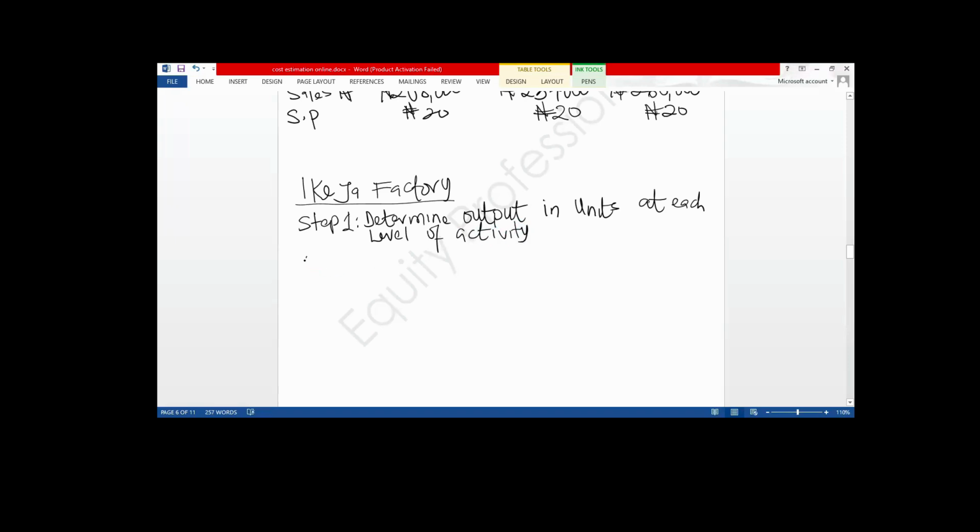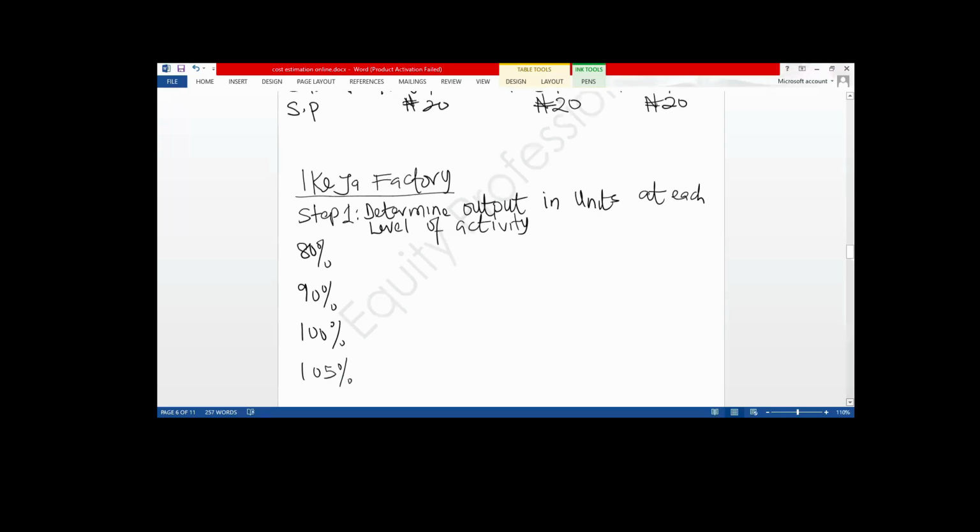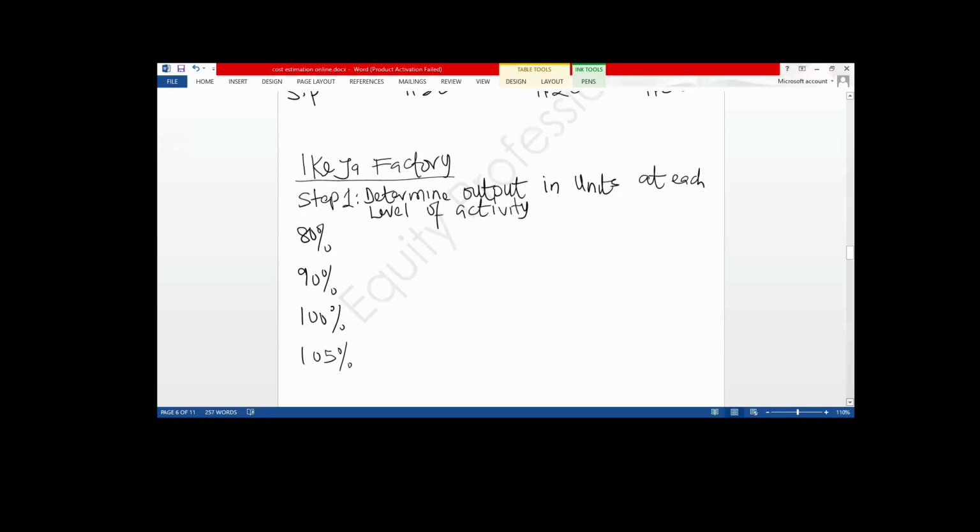We are giving 80% level. We are giving 90% level. We have 100% level. We have 105. And we have 110.